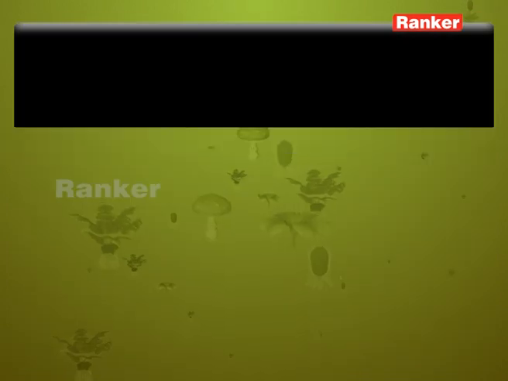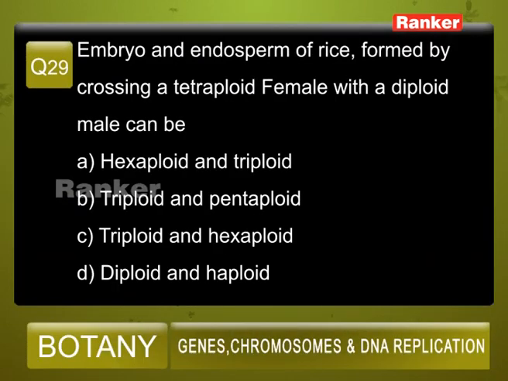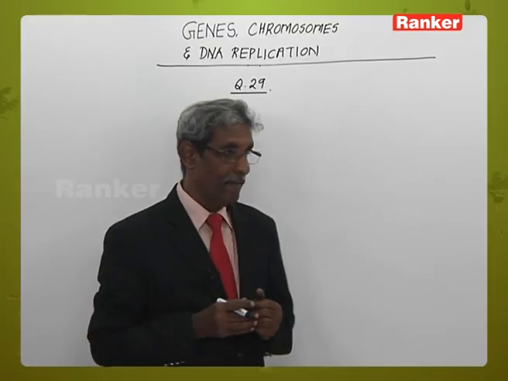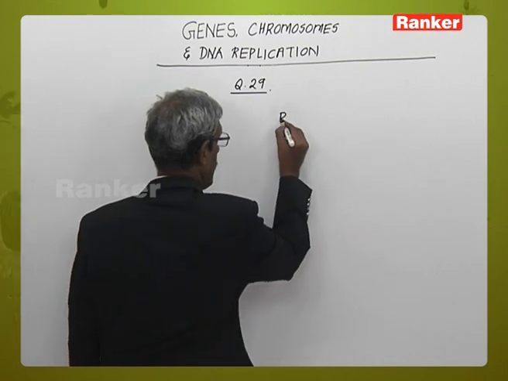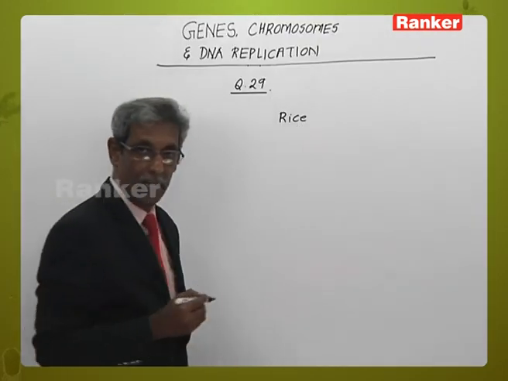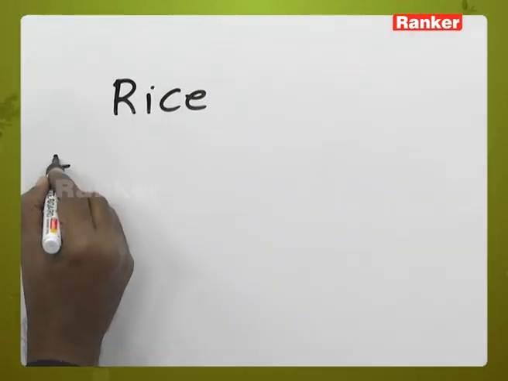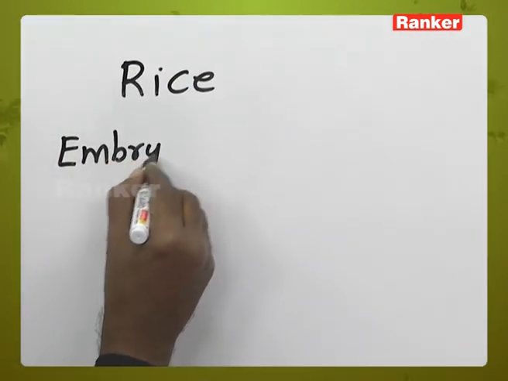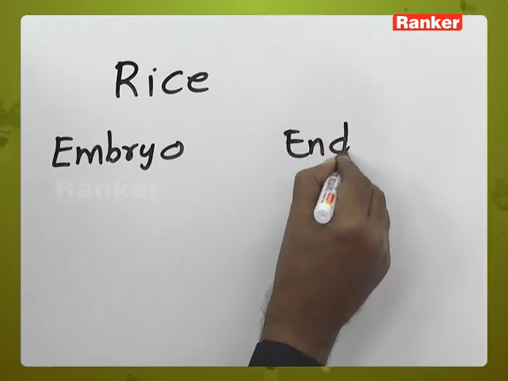Question number 29. Embryo and endosperm of rice formed by crossing a tetraploid female with a diploid male can be A. hexaploid and triploid, B. triploid and pentaploid, C. triploid and hexaploid, D. diploid and haploid. Whenever we take rice, in rice we have the embryo as well as the endosperm.